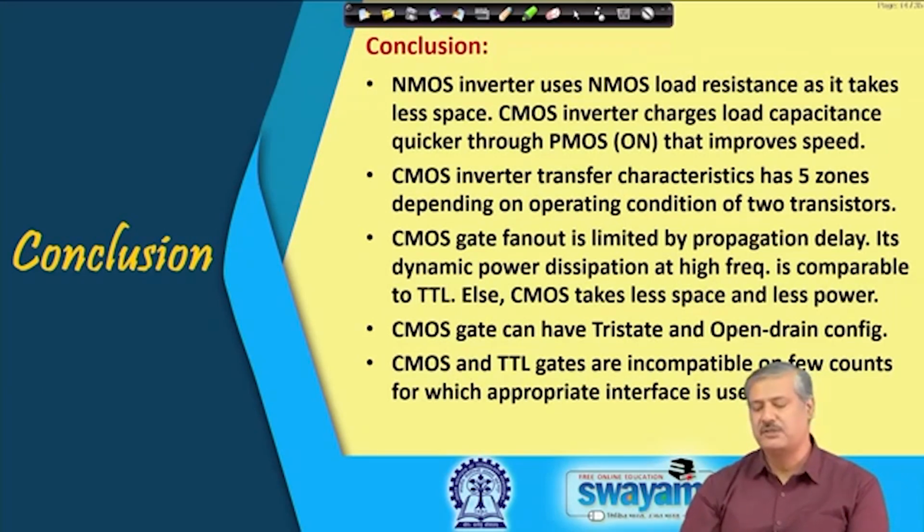Dynamic power dissipation is an important consideration, and it becomes comparable at higher frequency. CMOS can have tri-state and open drain configurations. TTL and CMOS gates are incompatible on a few counts, not all the counts, and that can be appropriately taken care of when TTL and CMOS gates are to be interfaced with one another.